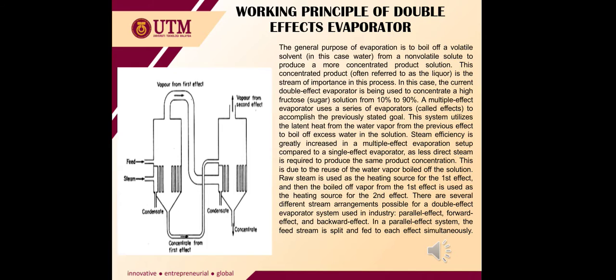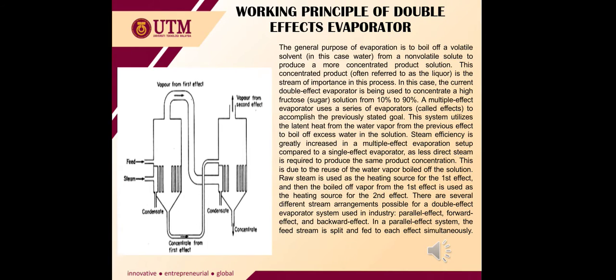and a multi-effect evaporator uses a series of evaporators, known as the effects, to accomplish a similar result as stated above. This system utilizes the latent heat from the water vapor from the previous effect to boil off the excess water in the solution.